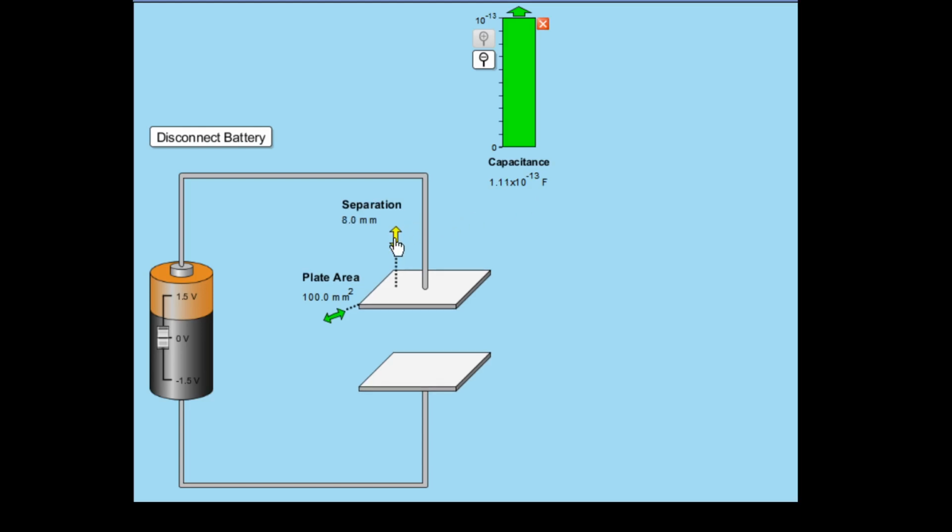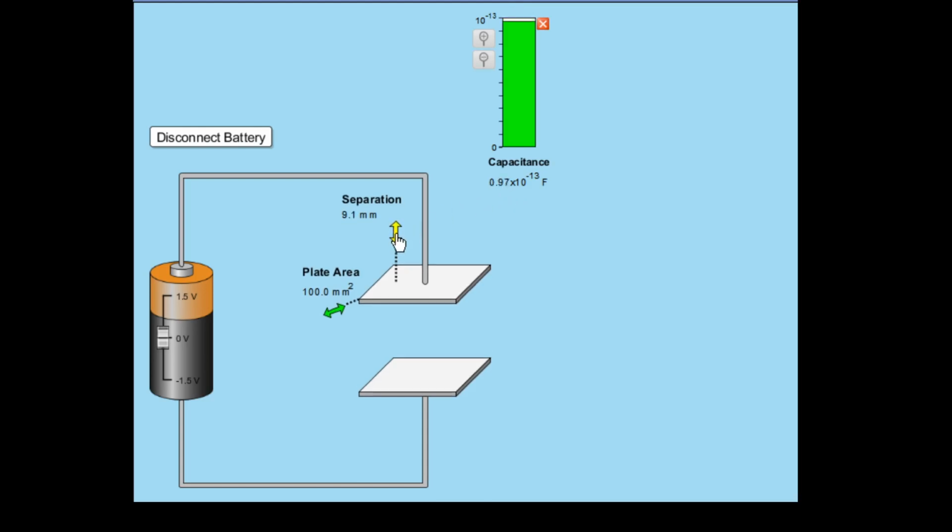Now if the distance between them is increased to 8 millimeter, the capacitance has decreased to 1.11 into 10 to the power minus 13 farad. And one more reading, let us say 9.1 millimeter, the capacitance has decreased to 0.97 into 10 to the power minus 13 farad.